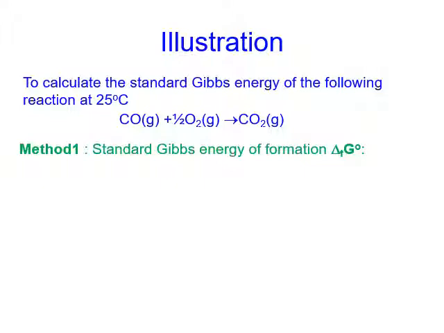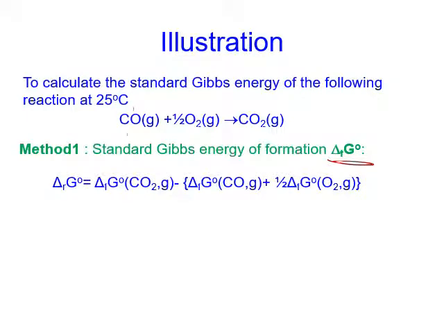Let's try the two methods to calculate the standard Gibbs energy of reaction for the following reaction: carbon monoxide plus oxygen forms carbon dioxide. First try method 1. For method 1, we use the standard Gibbs energy of formation, which can be found from the table.